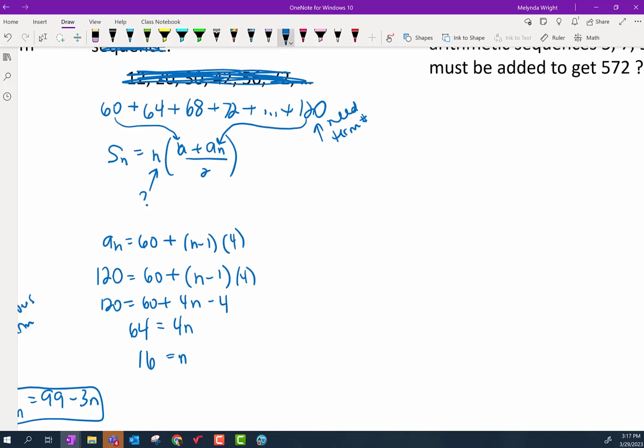Let's rewrite this summation formula. It's basically s sub 16 equals 16 times 60 plus 120 divided by 2. We use our calculator to do all that number crunching for us, and the sum of those is 1,440.